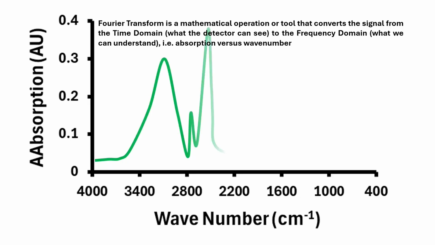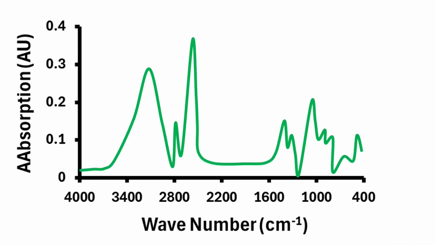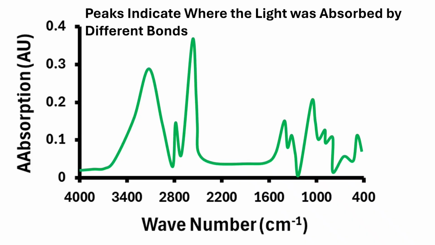Finally, we receive a spectrum as shown. It is a plot of absorption versus wave number. The spectrum provides a plot of absorbance in arbitrary unit as a function of wave number, that is centimeter inverse. The peaks indicate where the light was absorbed by different bonds. A spectral range is typically 4000 to 400 centimeter inverse.